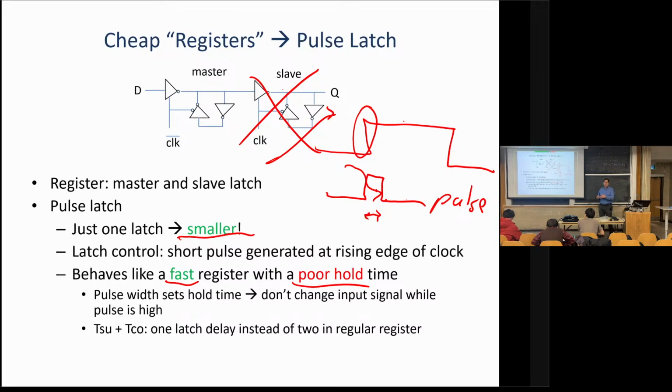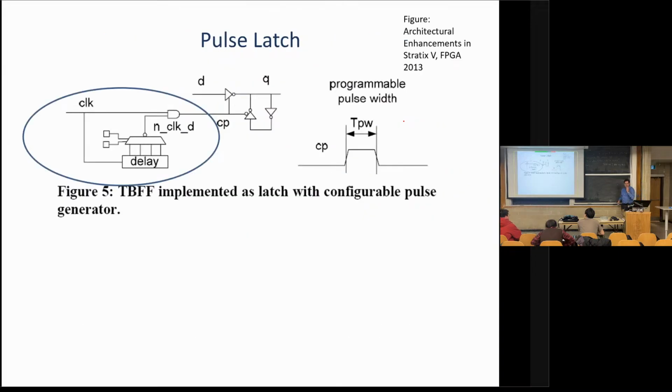A hold time violation actually means you got next cycle's data today, and that breaks your design. So if I make this pulse too wide, I start getting hold time violations all over the place. My shortest paths are my problem. So that's my cost: this register doesn't have a very good hold time.